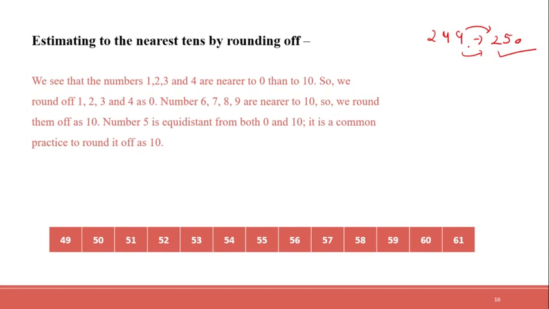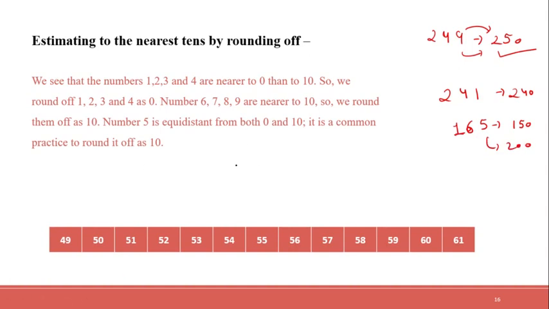So how do we just round this off? If it is written here 141, then what will I do? I'll say there are around 140 people. Or if it is written here 165, I'll say there were around 150 people, or around 200 people, right?